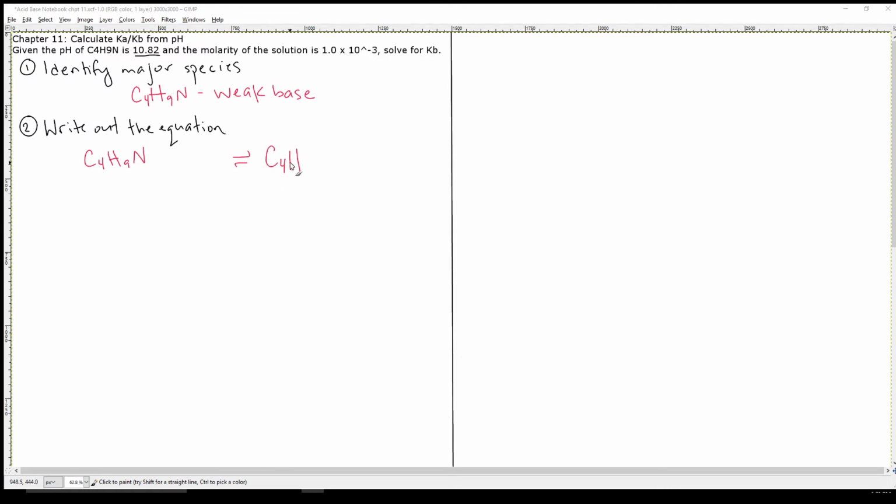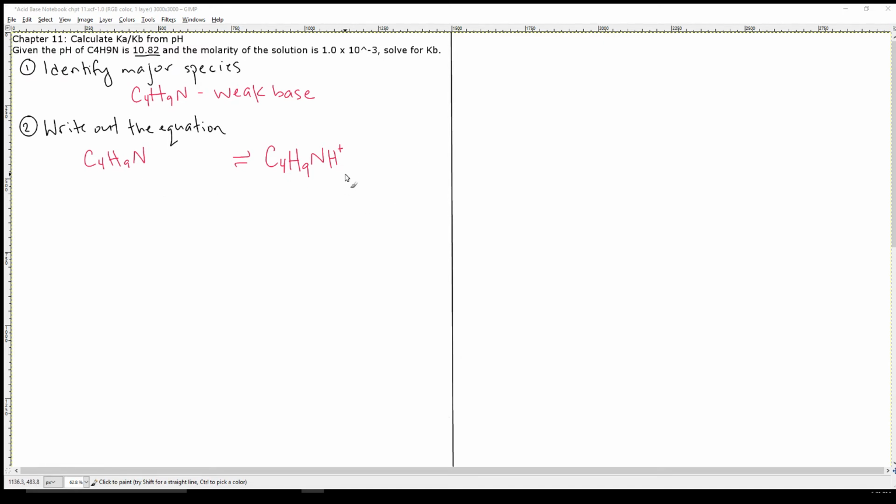Bases accept protons. I'm going to write it like this. If you wanted to put that H in with the other H's, you could, but when you write it out like this, you can tell that that H is bonding onto the nitrogen, and if you were to draw the Lewis structure of the original molecule, you would see that that is where the hydrogen would go.